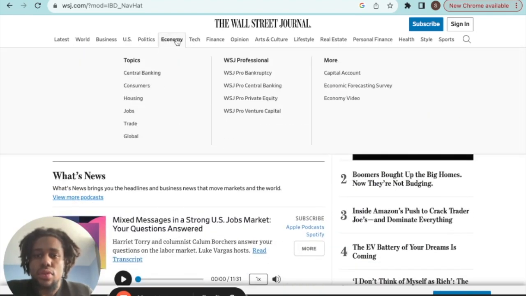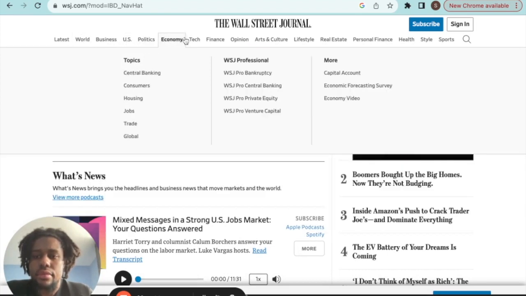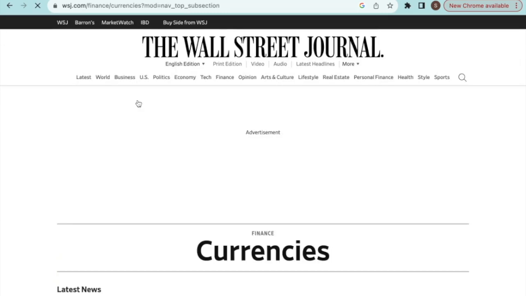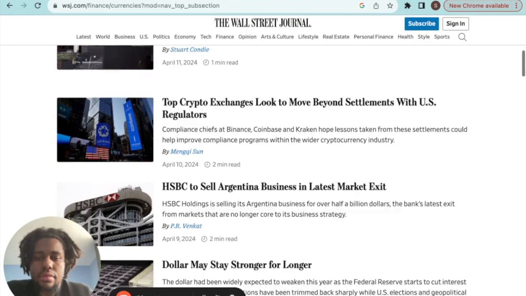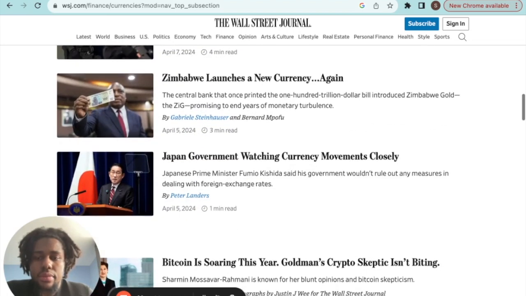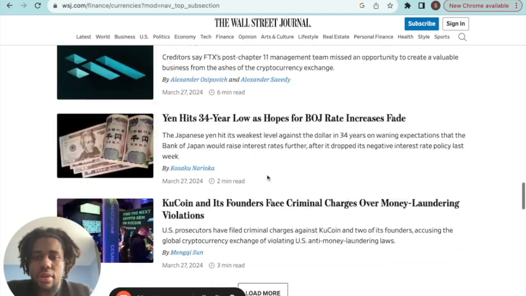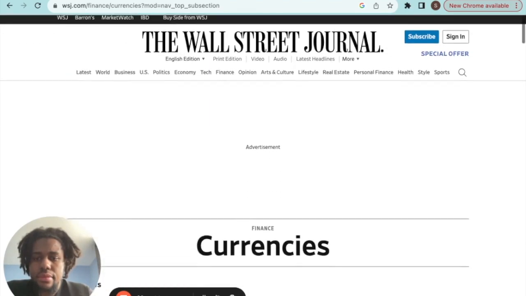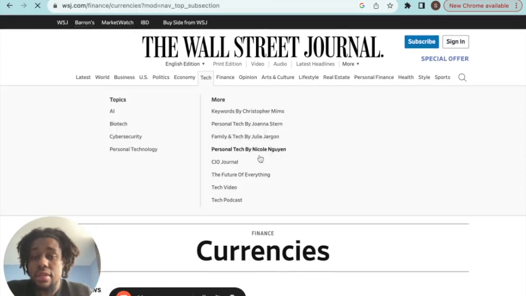So if we can go into finance, go into currencies. Right, so seeing the dollar may stay stronger for longer. Yeah, nothing yet. There's a lot of uncertainty, obviously.